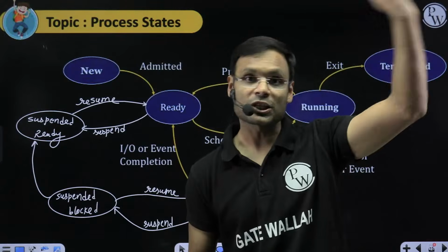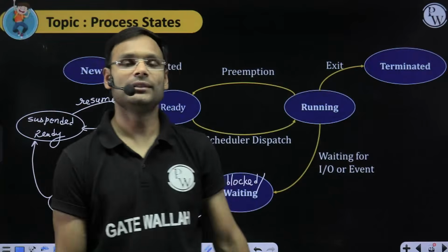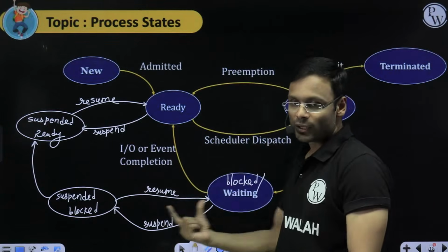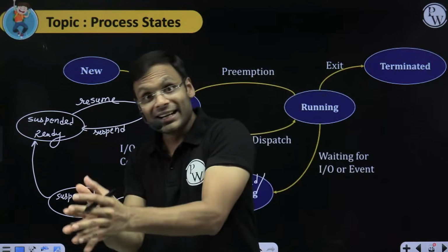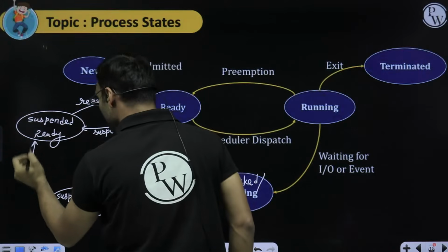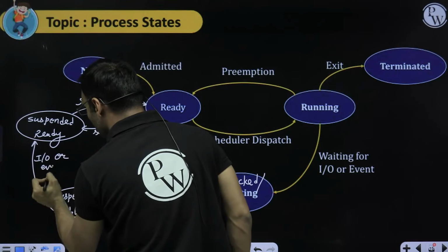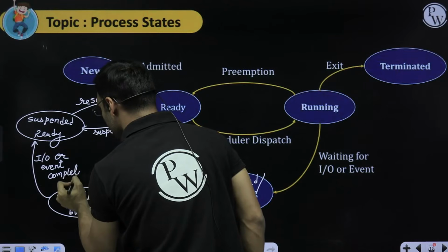It is still suspended, meaning not in main memory, yes, but its IO operation is completed. If the IO operation is completed, it cannot be in blocked, either of these two. But it is still in suspended state, so it should be in suspended. So it will go into suspended ready when the IO or event is completed while the process is in suspended state.